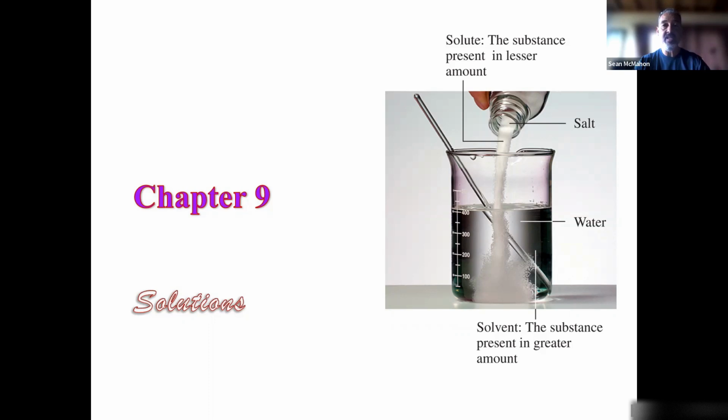So for this last portion of the lecture, we continue talking about solutions, but we expand our discussion to different types of homogeneous mixtures and heterogeneous mixtures, because after all, a solution is only one type of homogeneous mixture. That's what the remainder of this chapter is. There aren't necessarily any activities.